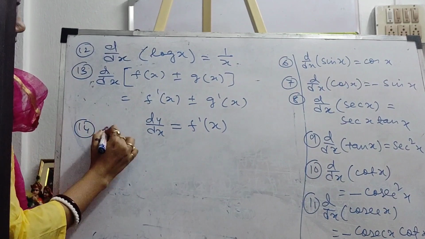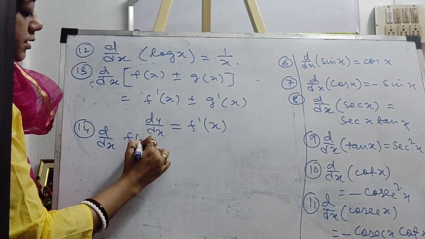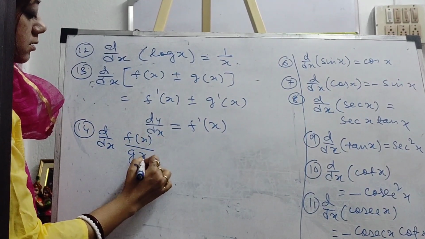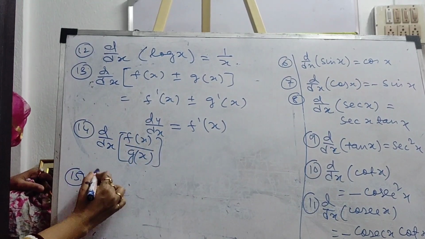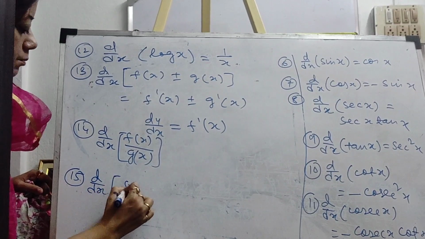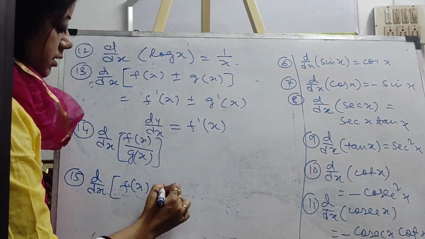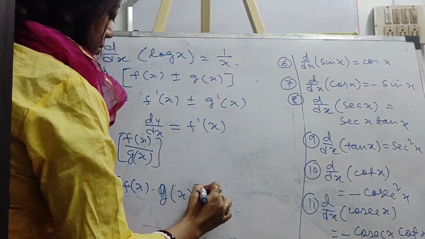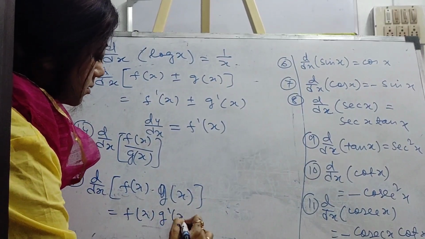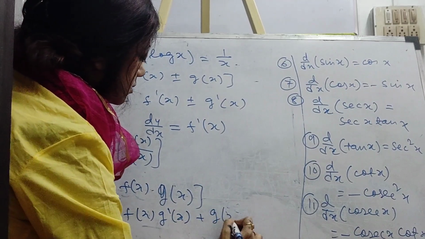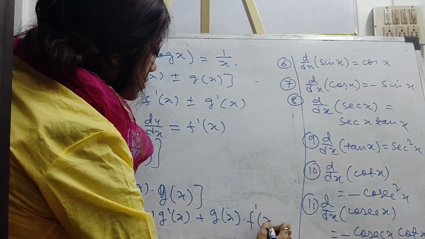Now, d by dx of f(x) by g(x). One is the division rule, and one is the multiplication rule. I am writing the multiplication rule first. Multiplication rule: f(x) into g dash x plus g(x) into f dash x.